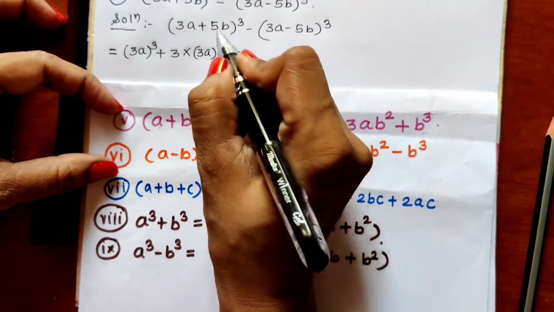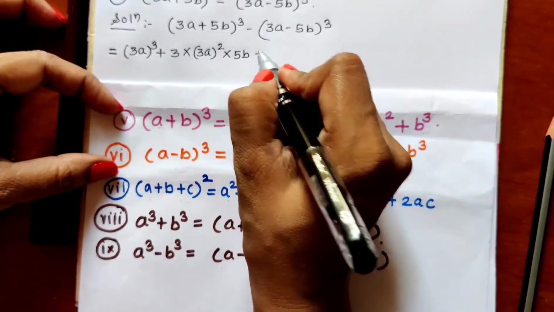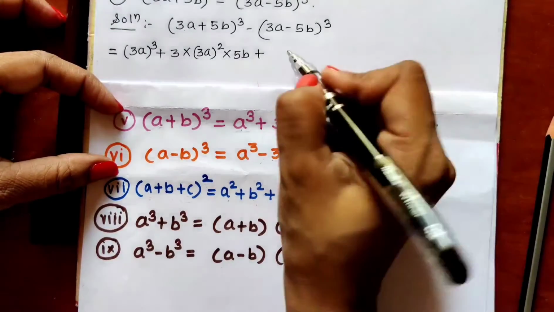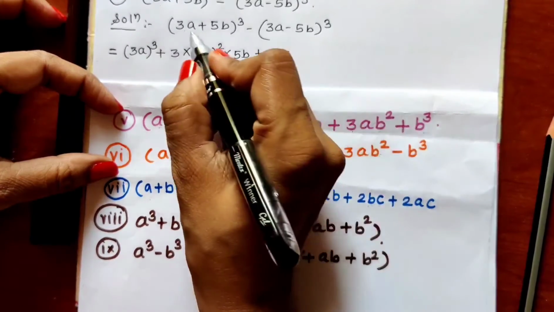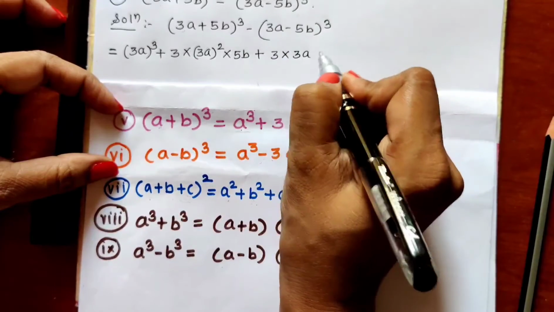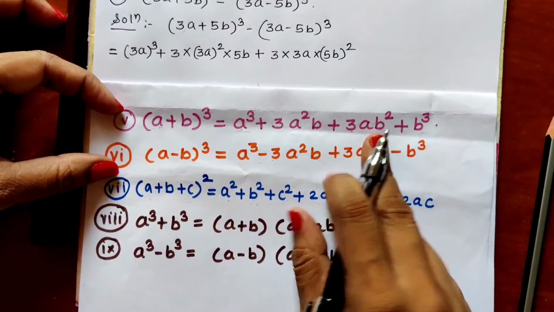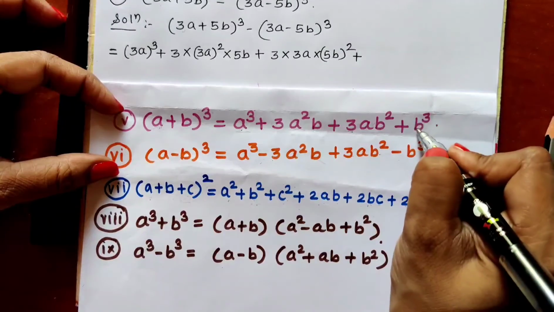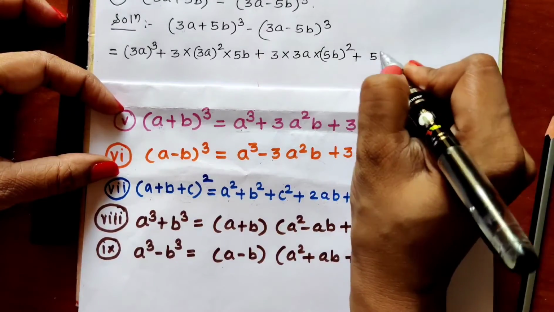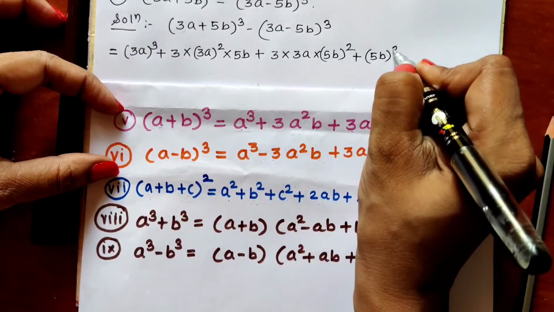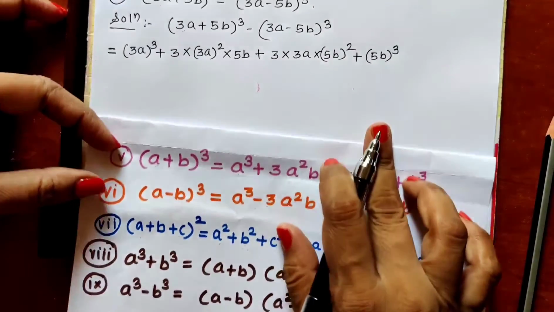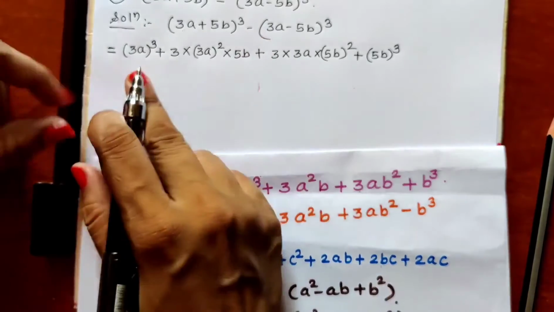Correct? In our sum b is 5b. Plus 3ab square, 3 into a, a means 3a now, and b means (5b) whole square. Plus b cube, b is 5b. In our sum b means 5b. So (5b) whole cube.